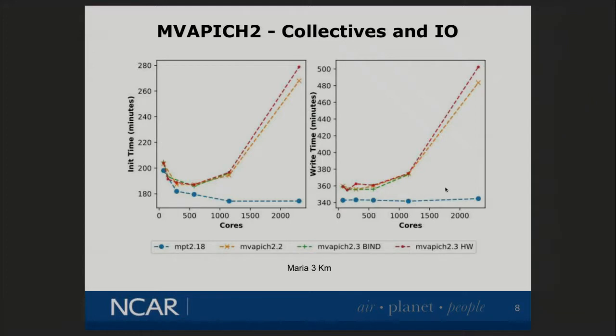The far right data points are at 2,048 cores. Okay, so that would be 64 nodes then. Yeah. I'm not sure, I didn't run this test. So it should be 64 because they try to fill the nodes as much as possible. So it's 32, I think.